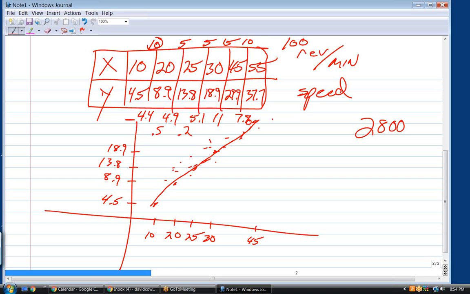And when you have data like this, first of all, you're trying to determine whether it's linear or whether it's quadratic. It could be a quadratic set of dots. And once you determine what this is, it's a calculator problem.